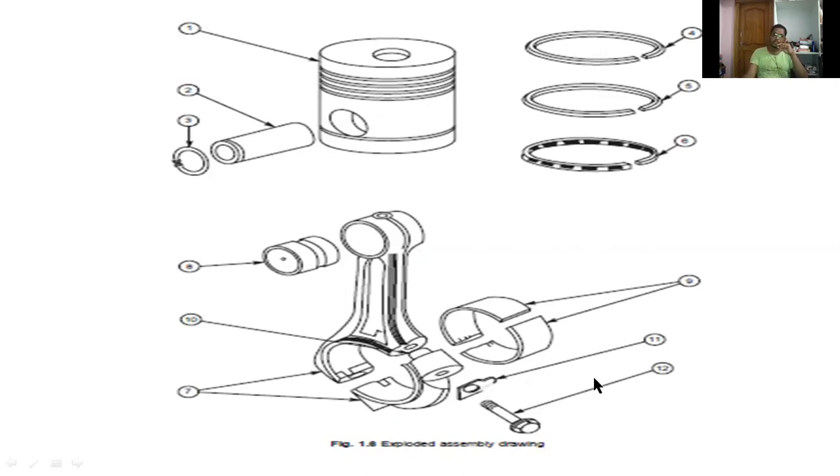Exploded view is useful to identify the individual components.